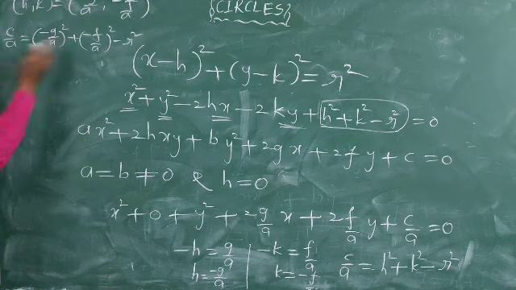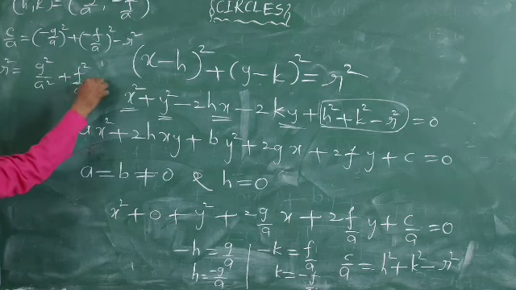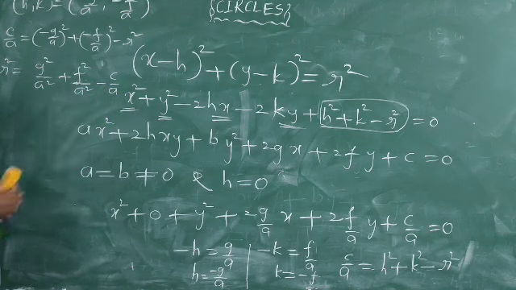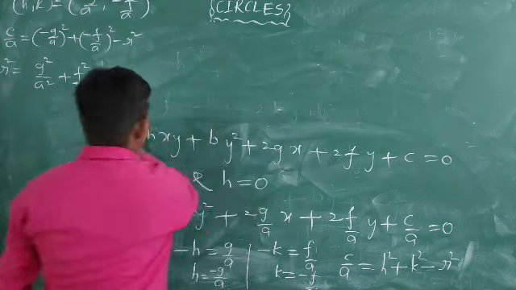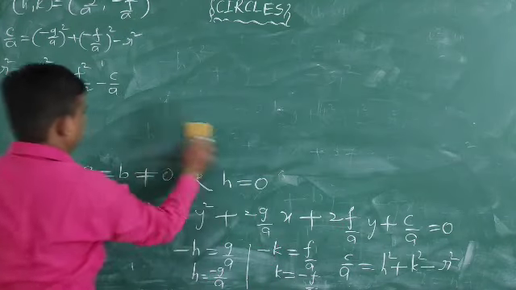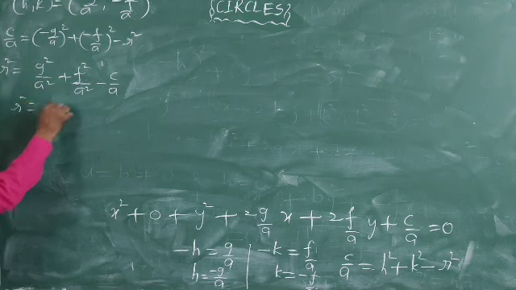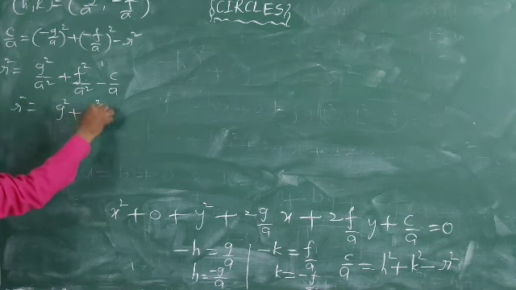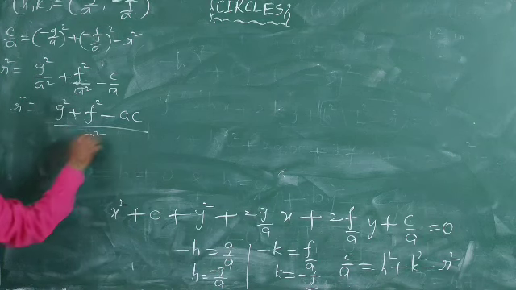From it r² = g²/a² + f²/a² − c/a, and so r² = (g² + f² − ac)/a².